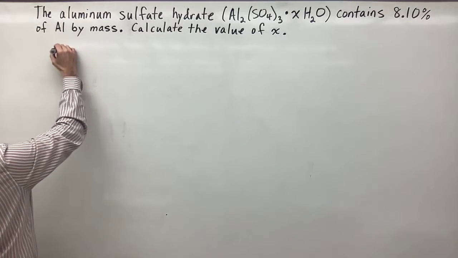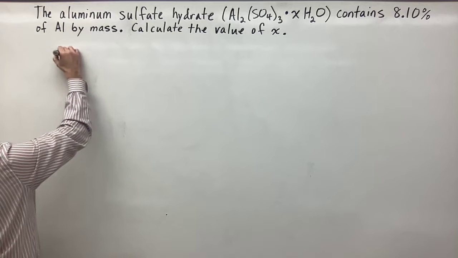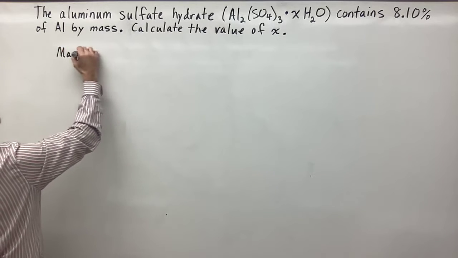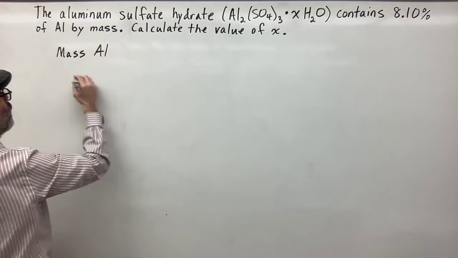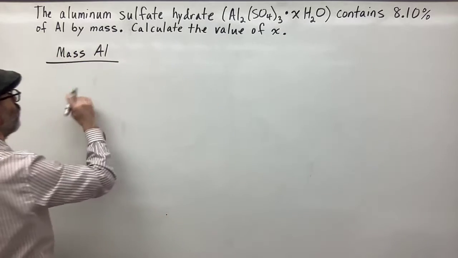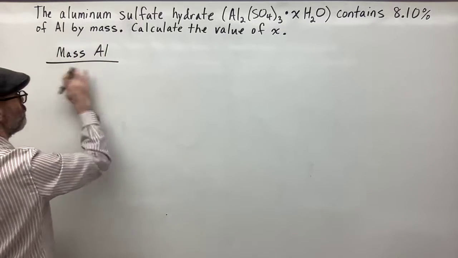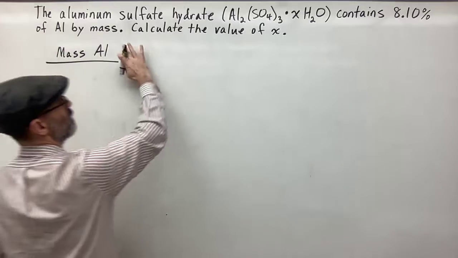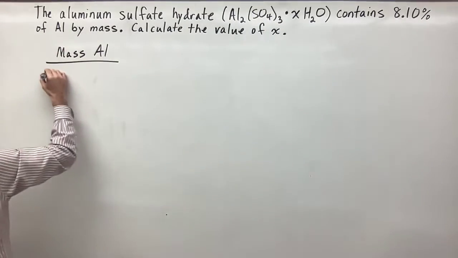So we're given that the mass of aluminum over, that's the part, divided by the whole, which is going to be the mass of this whole thing. So we'll write that down.